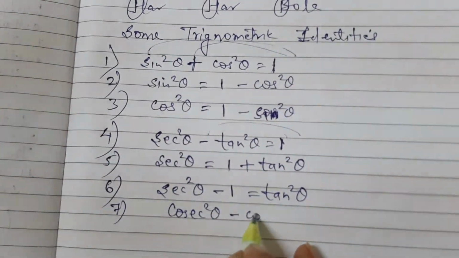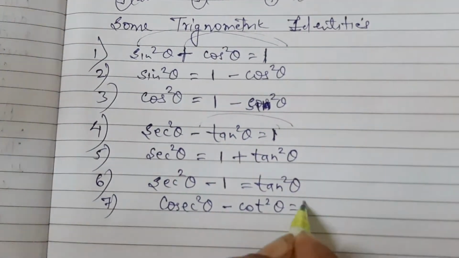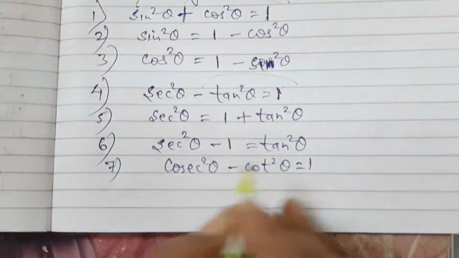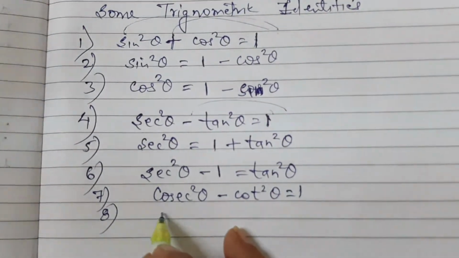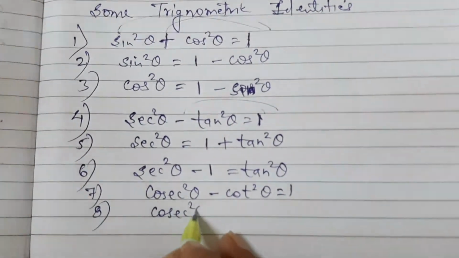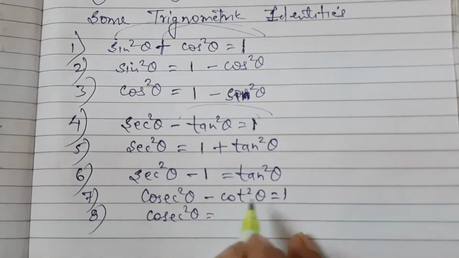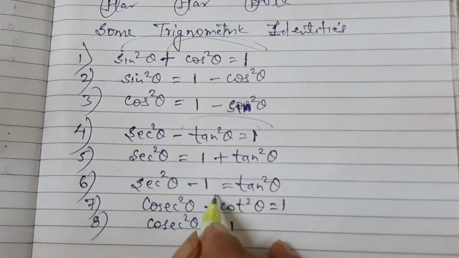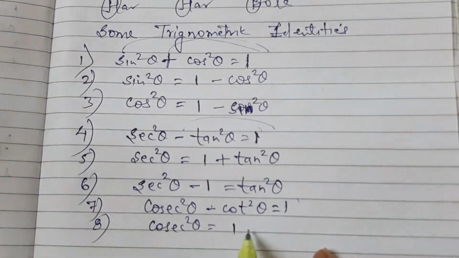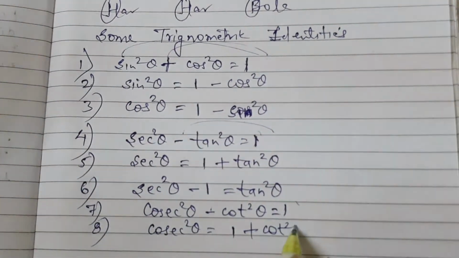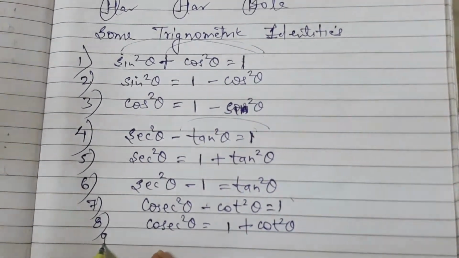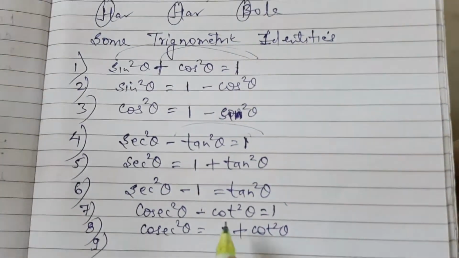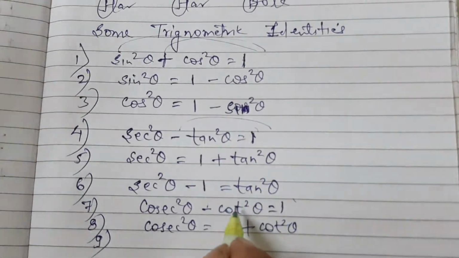Cosec square theta minus cot square theta equals 1. This is another identity. The formula of cosec square theta will be: this plus 1 will be on the right side, and this minus cot square theta will shift from left to right and become plus cot square theta. Now we want to make the formula of cot square theta.